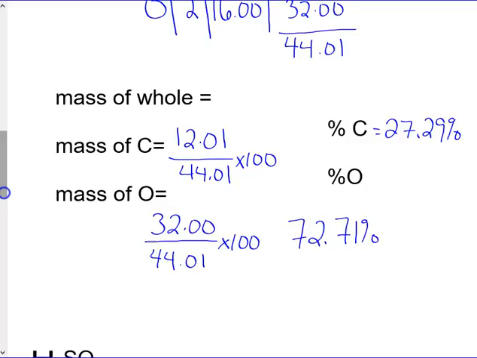Check your answers and make sure that you've gotten 44.01 for your total, 27.29% for your percent of carbon, and 72.71% for your percent of oxygen.